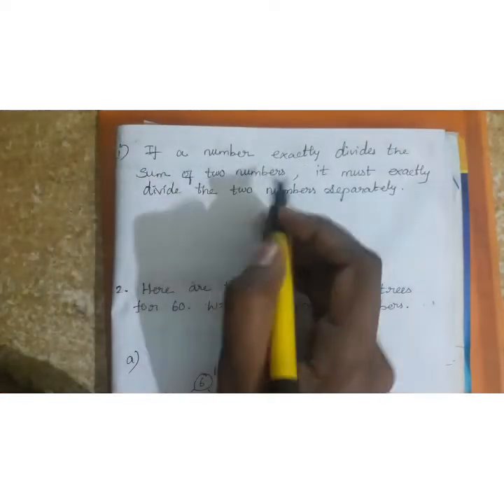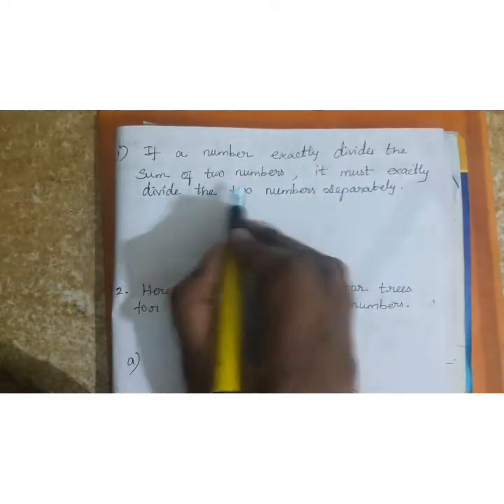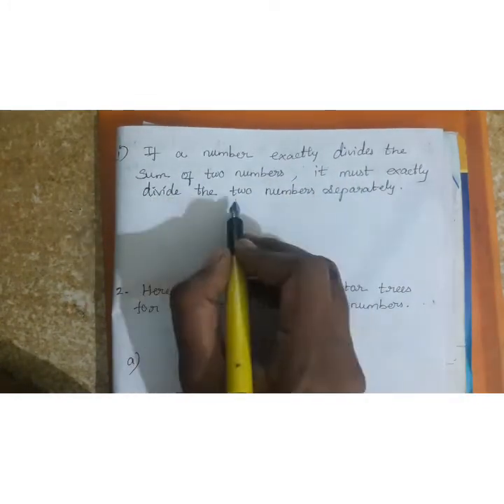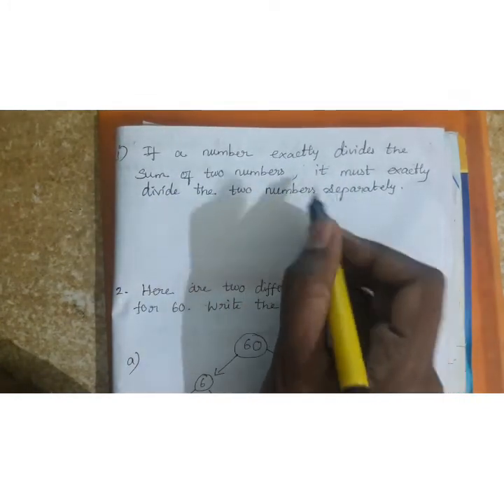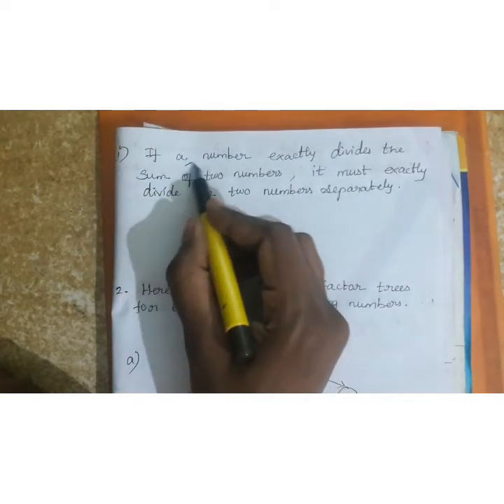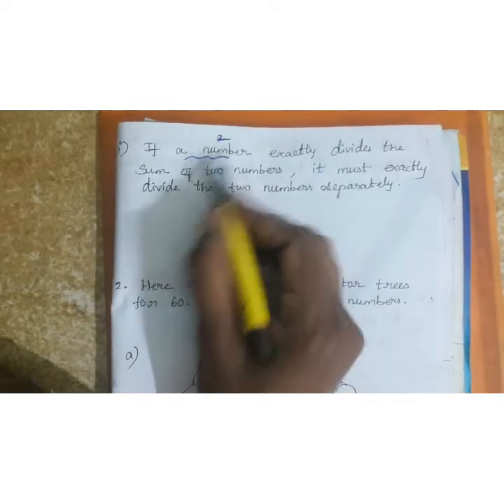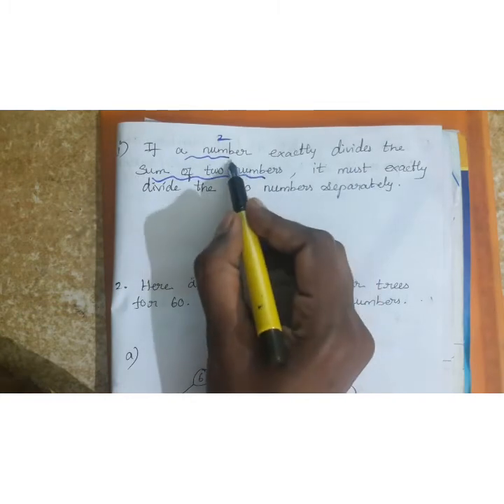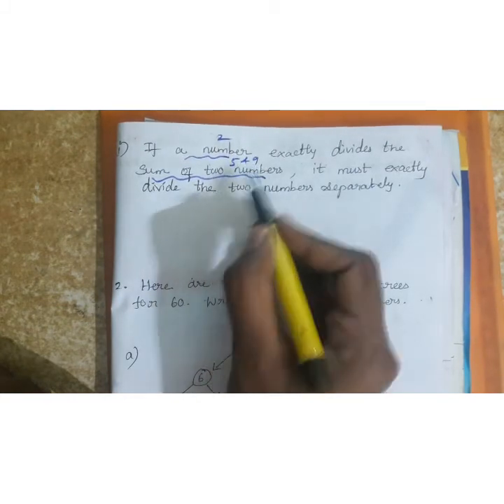I part. If a number exactly divides the sum of two numbers, it must exactly divide the two numbers separately. Let the number be 2. Let the two numbers be 5 and 9.